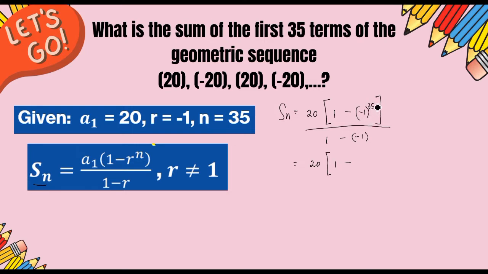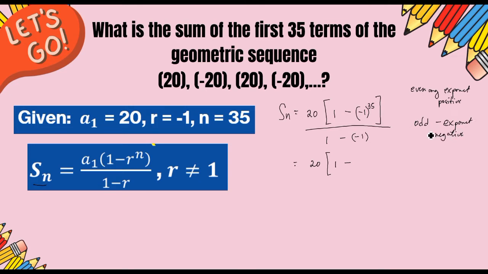So, we will consider po yung exponent since 35. Remember, kapag even ang exponent, positive po ang magiging sagot kapag ang base natin ay may negative sign. Kapag naman ang exponent ay odd, ang ating sign ay negative.